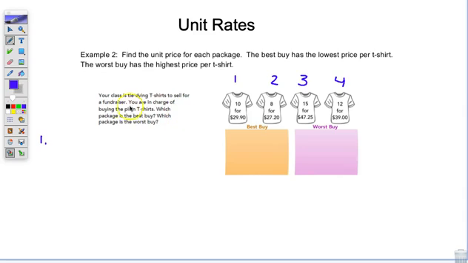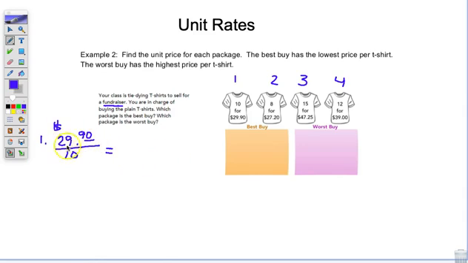Because remember, we're holding a fundraiser here, so we want to try to raise as much money as possible for our club. So in the first example, we can get 10 t-shirts for $29.90. So I would be taking the total cost, $29.90, and I'm going to be dividing that by 10 t-shirts to get the unit cost, or what is the price per t-shirt.